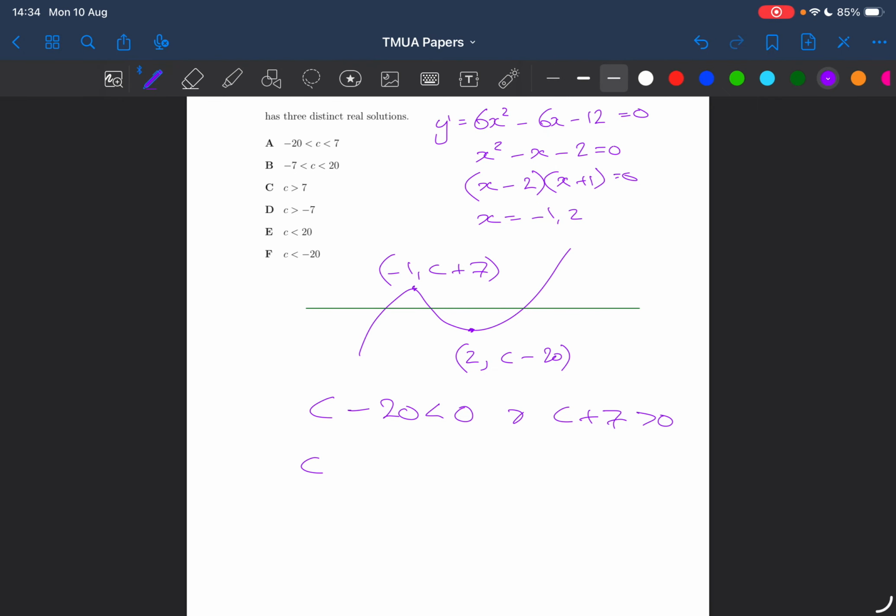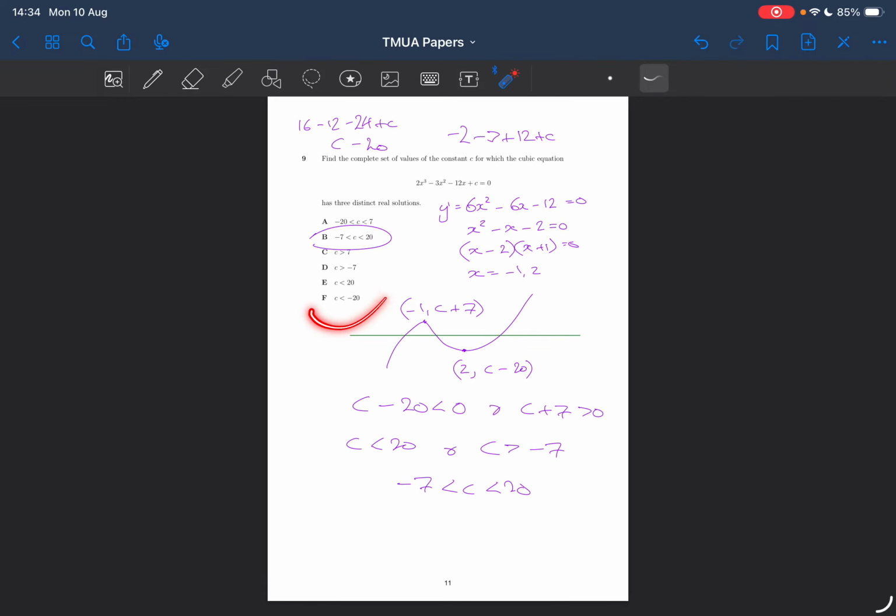So we need to have C be less than 20 and C be bigger than minus 7, which you can write in one go. Minus 7 is less than C is less than 20, which is option B. Notice we didn't include any of them because we had 3 distinct solutions. If you equaled them, that'd be like a repeat one when it's not distinct. So B for 9. Yeah, lovely.